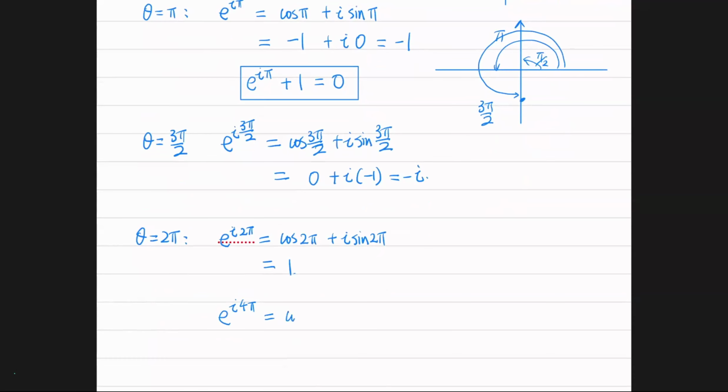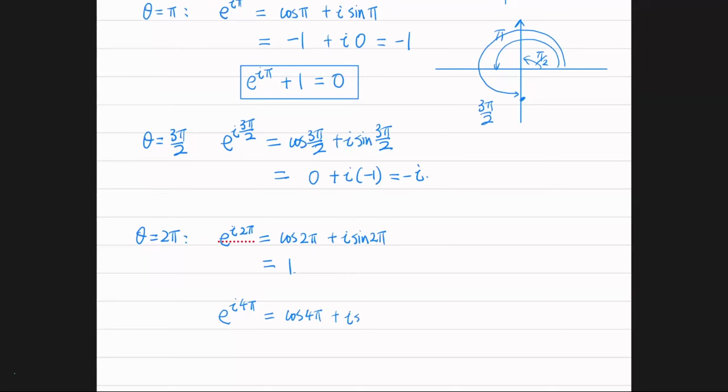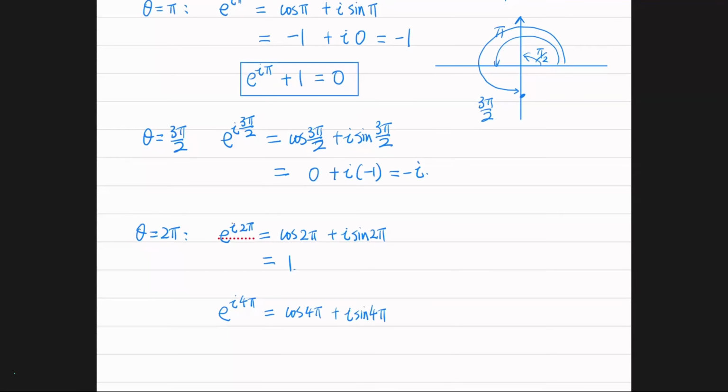Again, this will be cosine 4 pi plus i sine 4 pi. But sine and cosine are both periodic functions. Cosine 0 plus i sine 0 is also 1.